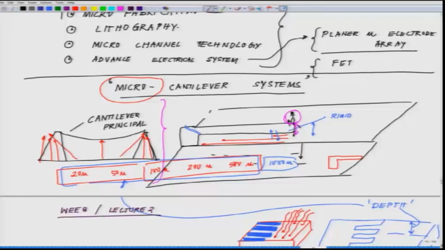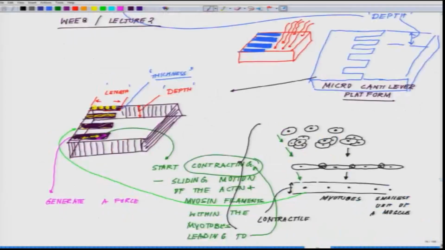Here is the second analogy: the muscle while contracting will make this cantilever move up and down. I do not see a side motion happening because it is already held like that.